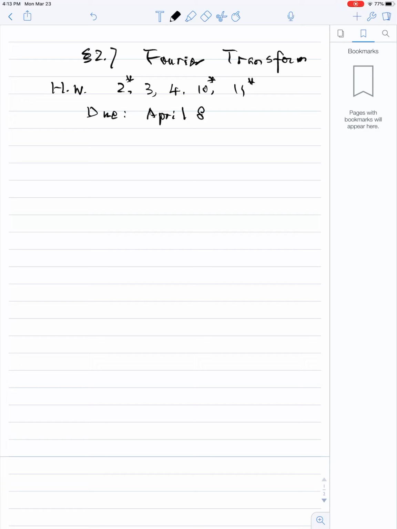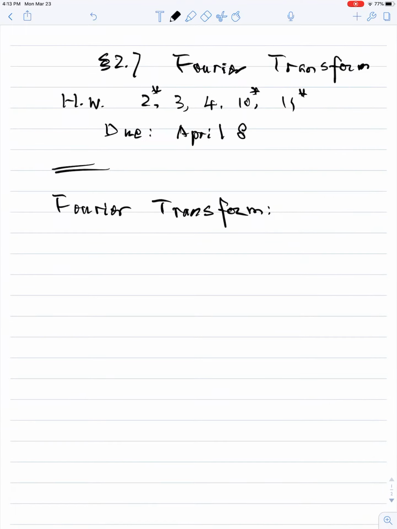Okay. So what is a Fourier transform? By definition, the Fourier transform is a transform applied to a function u that is defined on the whole real line into the real line.